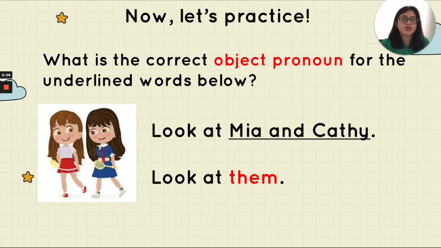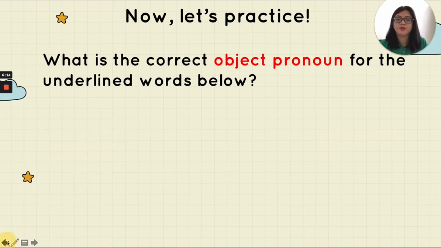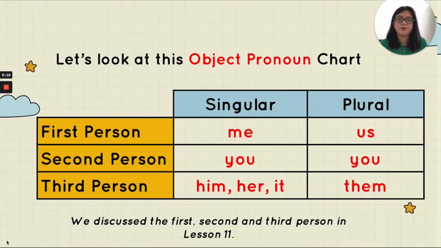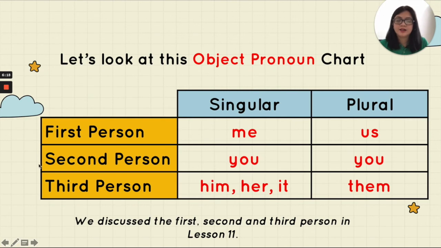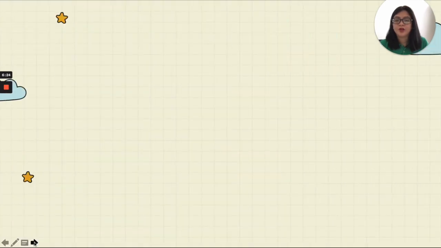So you change Mia and Cassie to the word them. It's in the third person plural form. To use the third person plural form, we look at this chart again. Third person plural form, them, because we're talking about two nouns.